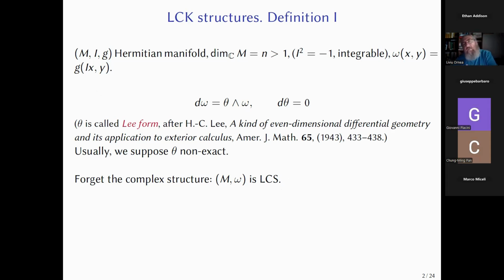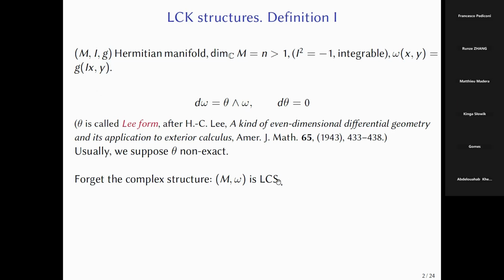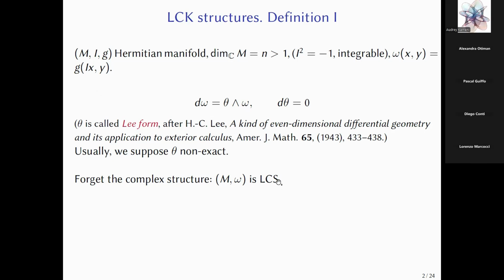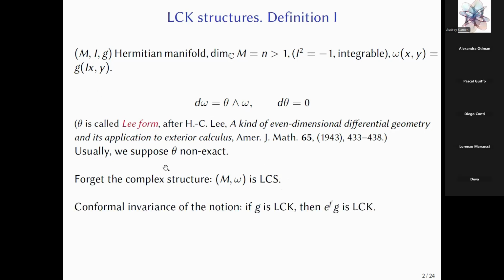It seems there are more LCS than LCK; I will tell you more in the next slide. The definition as it is given here is clearly conformally invariant, so this places this geometry at the border between conformal geometry and complex geometry.